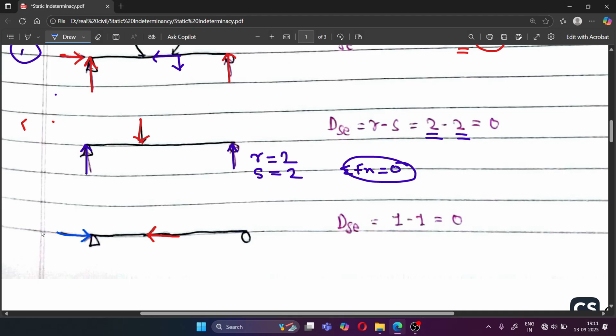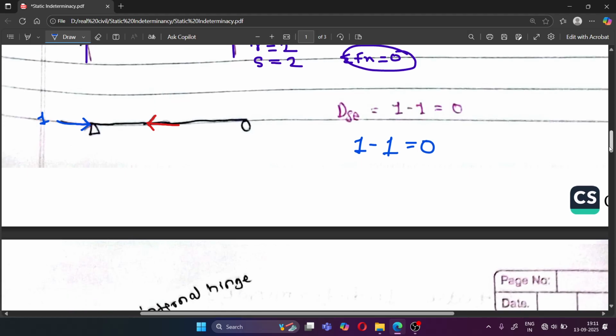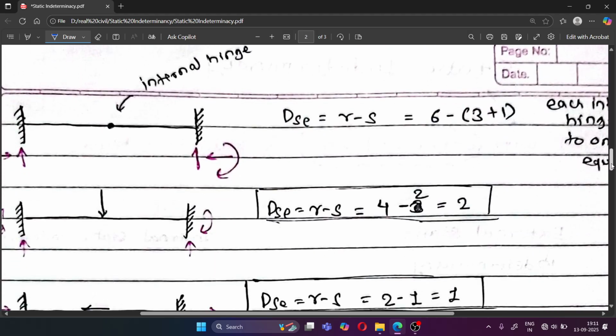So the number of reactions will be only 1, and to determine that we can use only one condition of equilibrium, and hence again external static indeterminacy is 0. I hope the concept is clear. Next, let's take the example of a fixed beam.